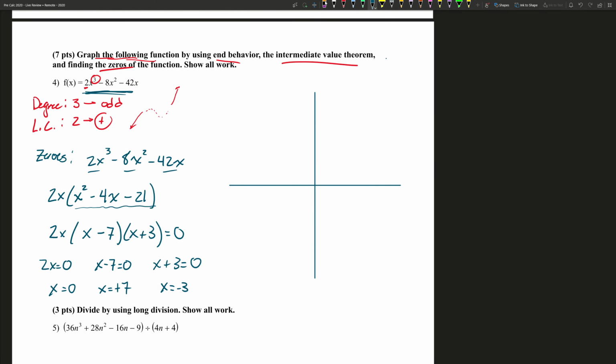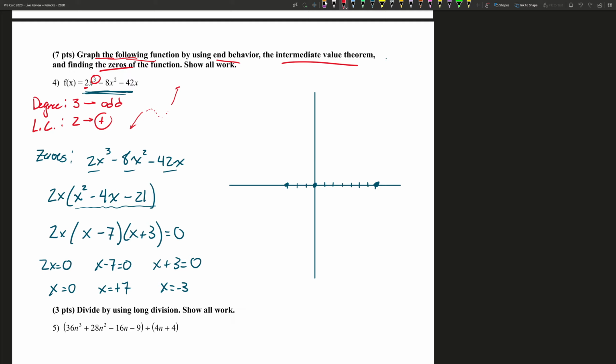Right, so we found our zeros: we found 0, we found positive 7, and we found negative 3. Okay, so we know what happens on the outer edges, just from our end behavior, right?